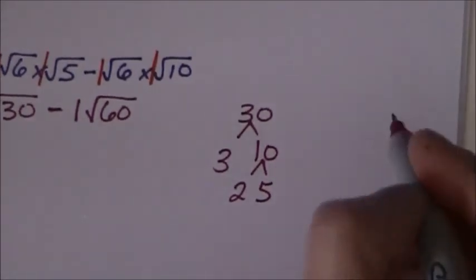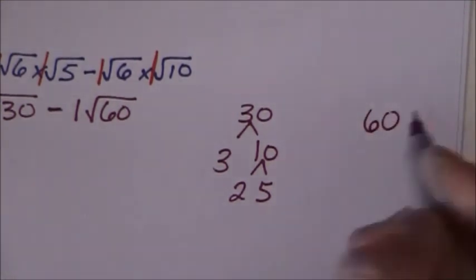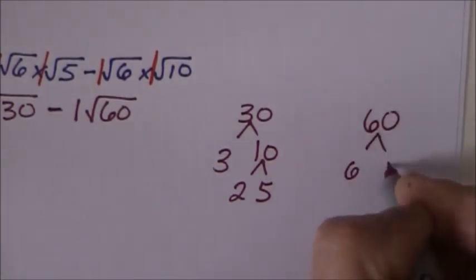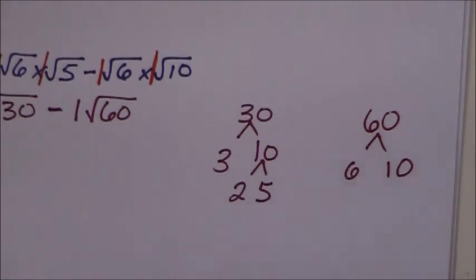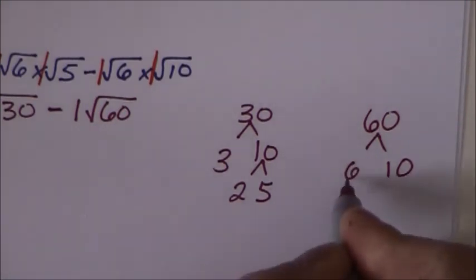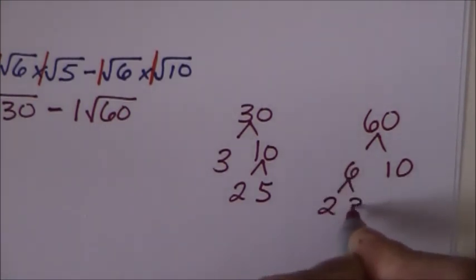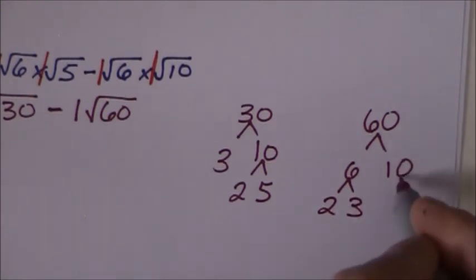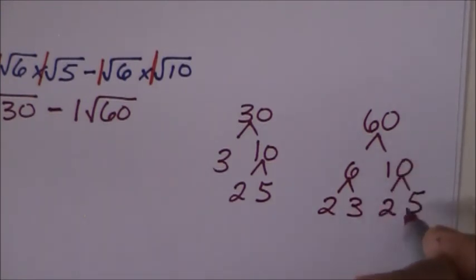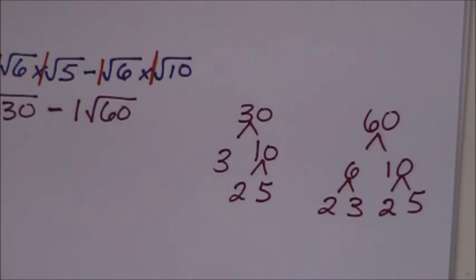And then our last one is 60. 60 is 6 times 10. 6 is not a prime number. The factors of 6 are 2 times 3. Factors of 10 are 2 times 5. Looking at that one, it does have numbers that repeat, so there is a chance that it will simplify.